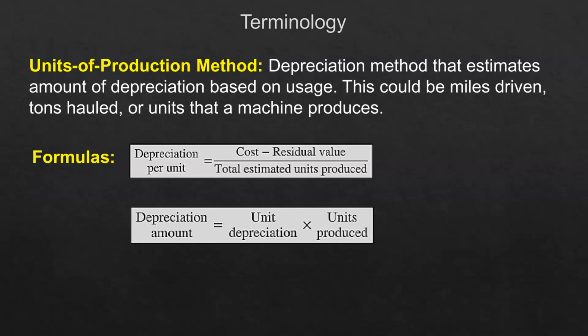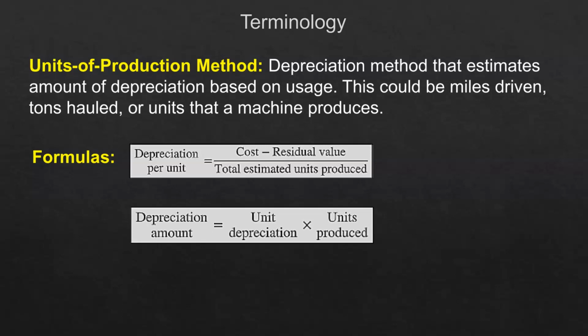So to find the depreciation per unit, we take the cost minus the residual value, just like we did on the straight line method. We get the amount we're going to depreciate and we divide it by the number of units that we estimate we can use it for, right? So this many miles, this many hours, whatever it might be.